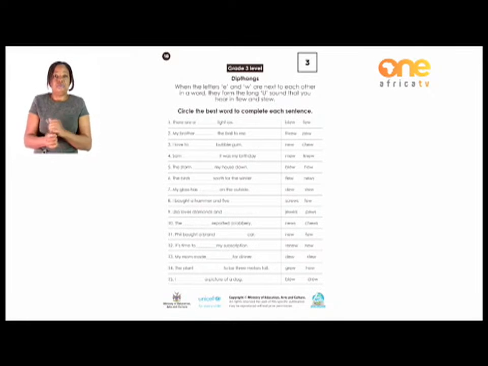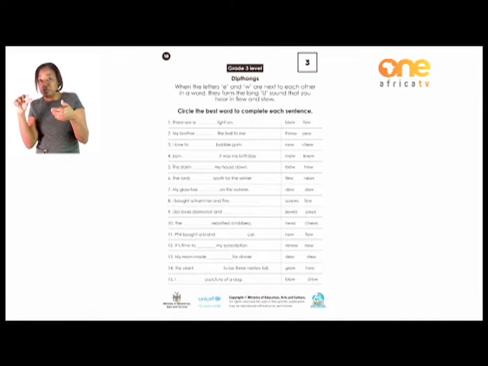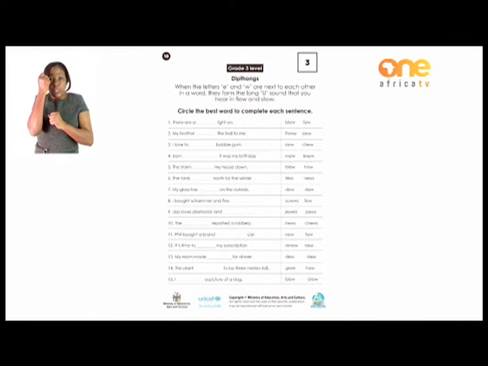News, choose, Phil bought a brand car. New shoe, it's time to my subscription. Renew, new, my mom made for dinner. Due, stew, the plant to the 3 meters tall. Grew, hue, I a picture of a dog. Blue, drew. Okay, which word will best fit in the space provided in the statements on your left?